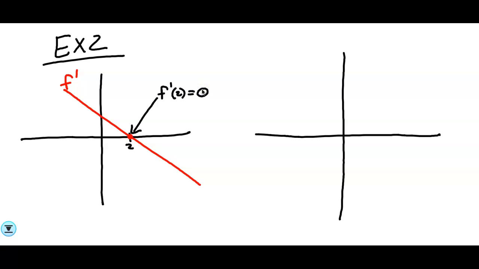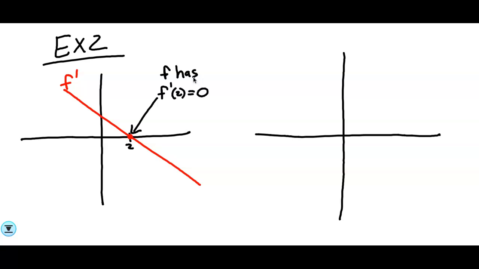Now, when f prime of 2, when the derivative is 0, that's a critical value, right? And when f prime has a critical value, what does that tell you about f?